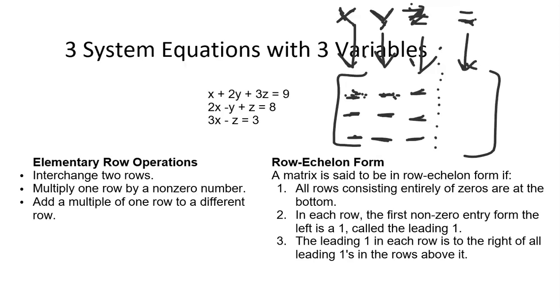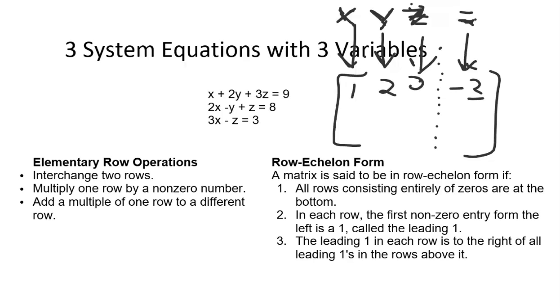But a matrix is said to be in row echelon form if all rows consisting entirely of zeros are at the bottom.